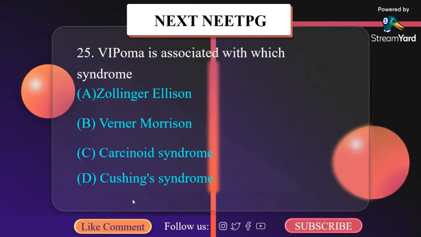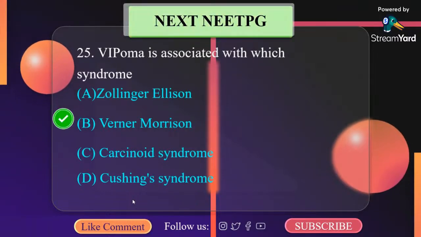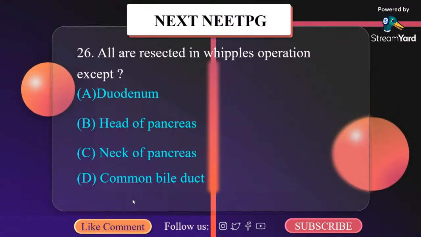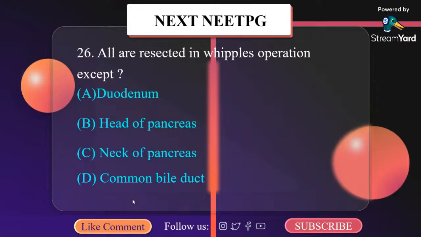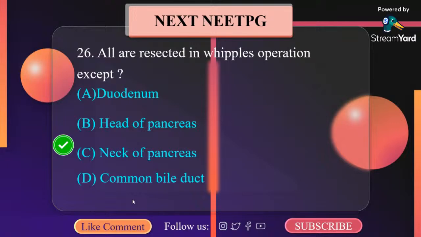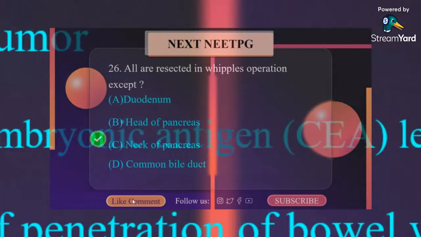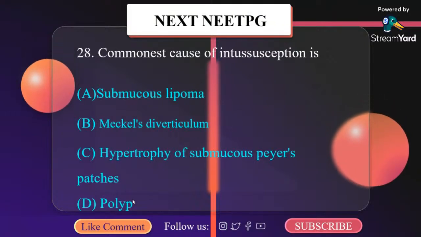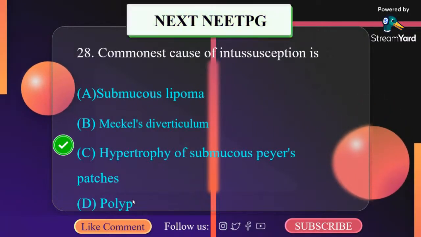It is associated with Verner-Morrison syndrome. All are resected in Whipple's operation except: neck of pancreas is not resected. The prognosis of colonic carcinoma is best assessed by depth of penetration of bowel wall. Commonest cause of intussusception is hypertrophy of submucous Peyer's patches.